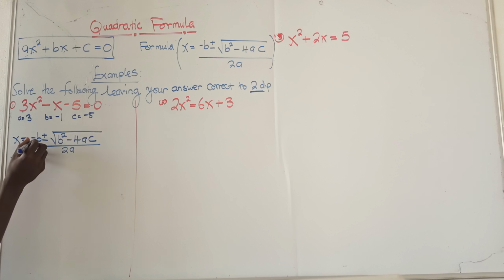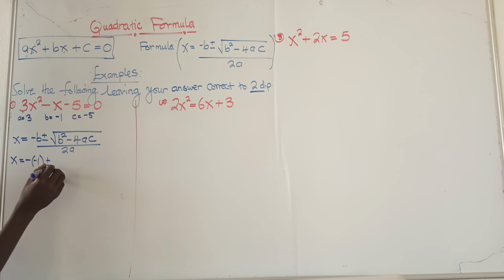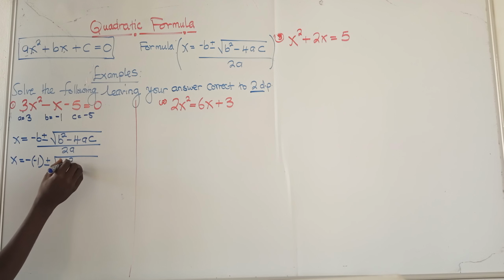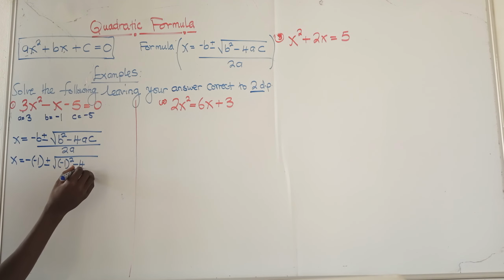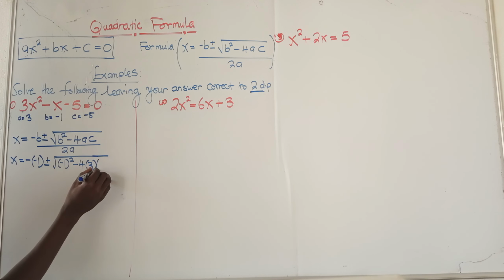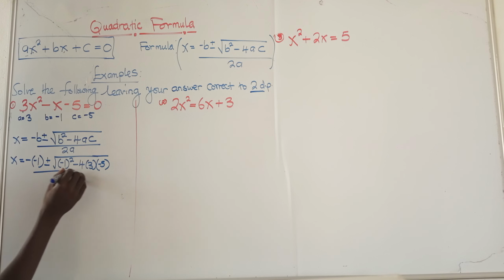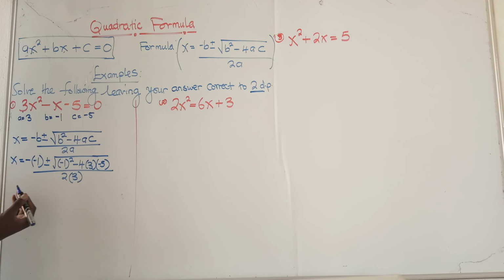So I say negative for the formula, in brackets we put negative 1, plus or minus. What is our b? Negative 1. So we say brackets, negative 1 squared minus 4. Our a is 3. Times 3. What is our c? Our c is negative 5. We divide by 2 times what is our a? Our a is 3. We have replaced in this formula. Okay, hope you followed that.